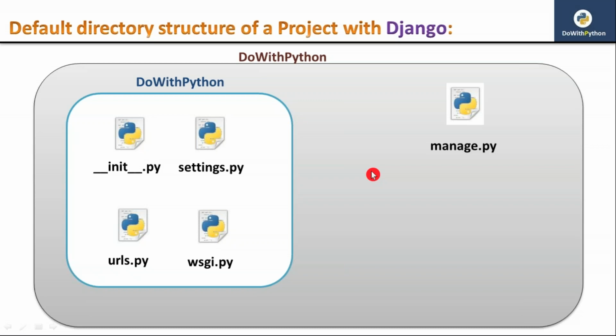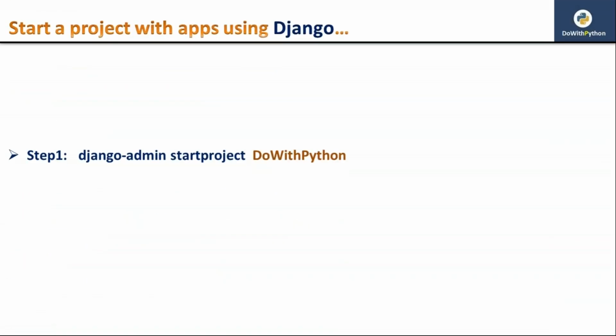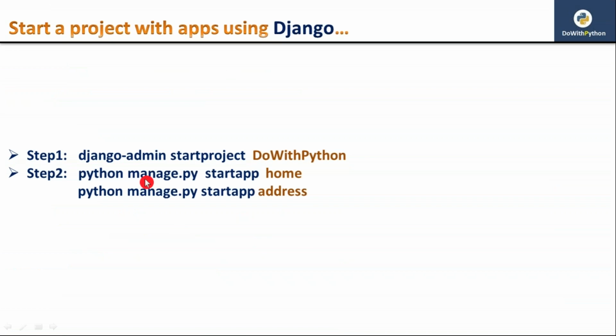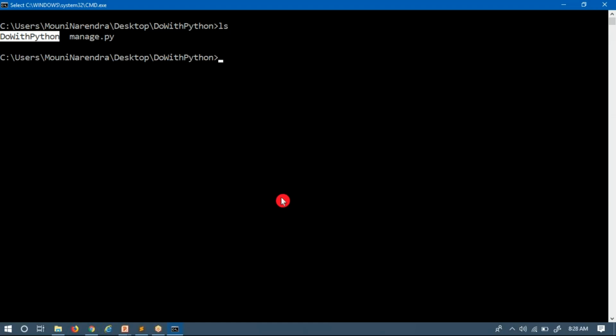As of now we have done this. Now I am going to create two apps on my project. How can you create them? Python manage.py startapp, then the app name. The same way I am going to create two apps here. Let me move to my command line.